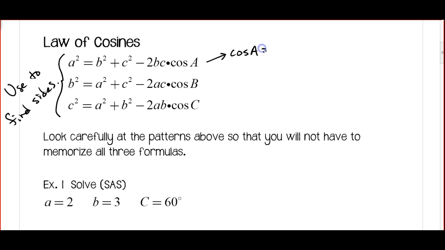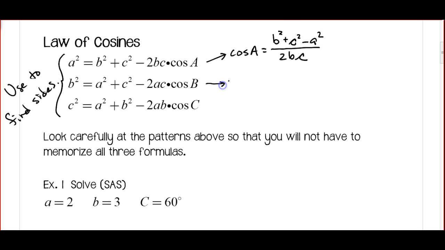So cosine A, if we solve that, it's going to be b squared plus c squared minus a squared all over 2bc. And then remember, if you want to get A, you'll have to do the cosine inverse of the answer that you get here.